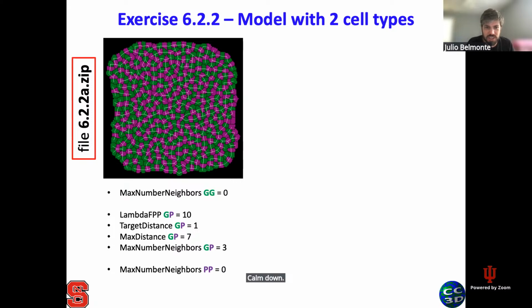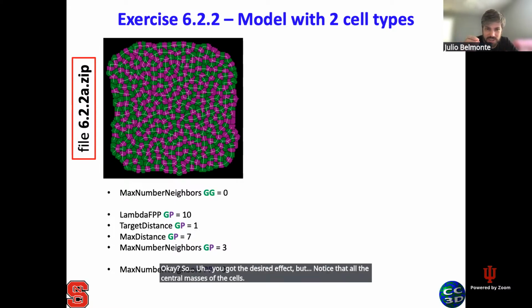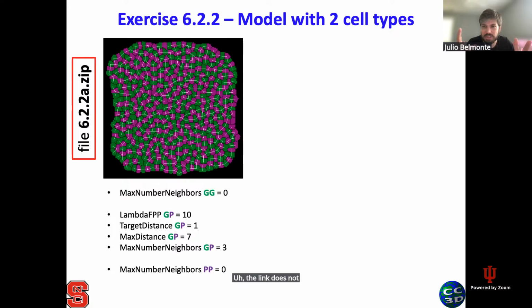Kaya also got it. Kaya, you got the mixing, but you also got the cells to break. Okay, so you got the desired effect, but notice that the links do not coincide with the center of mass of the cells because the cells probably broke into many pieces.